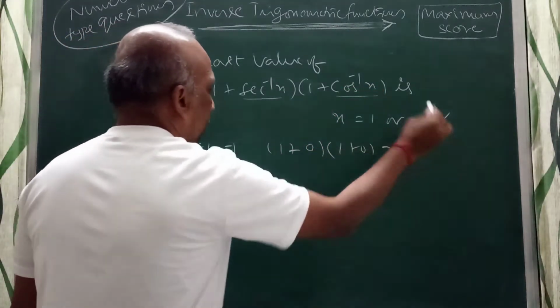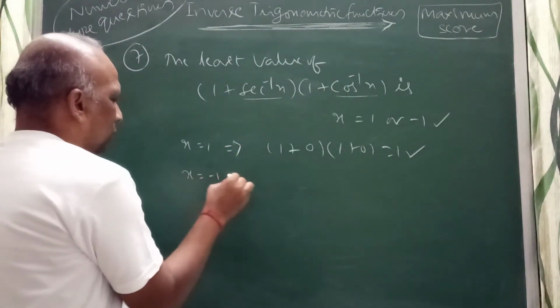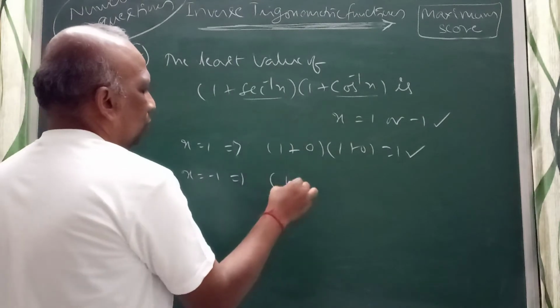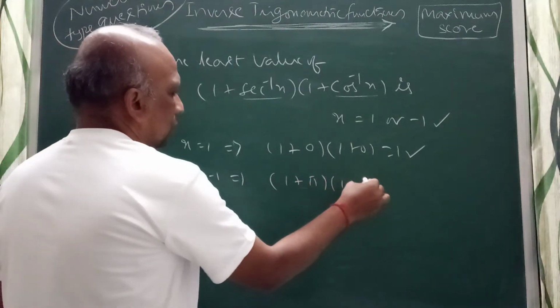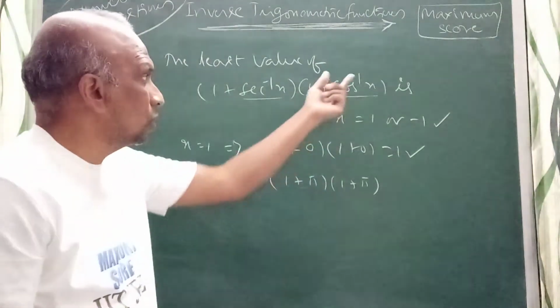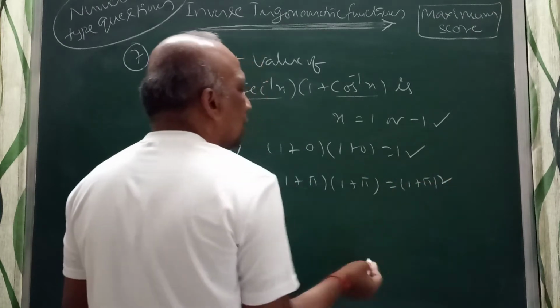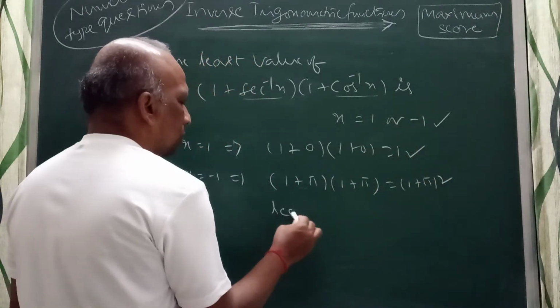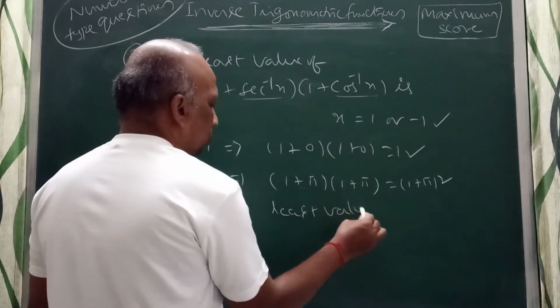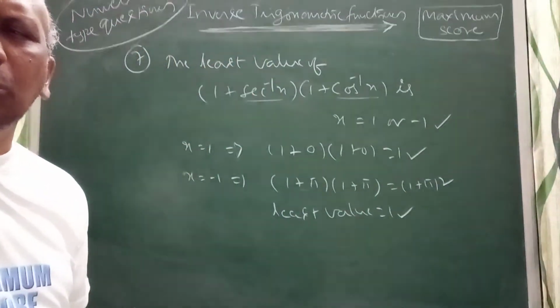The value will be 1 when x equals 1. Suppose when x equals minus 1, you will get 1 plus pi. Secant inverse of minus 1 is pi, and here this is also pi. It will come 1 plus pi whole square. Then what is the least value? 1 only. So the least value is equal to 1. Correct? That is the problem, a simple problem.